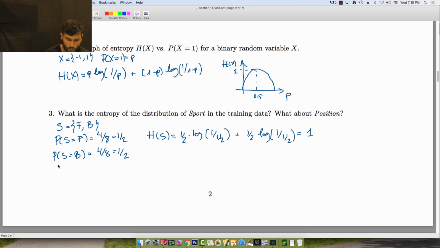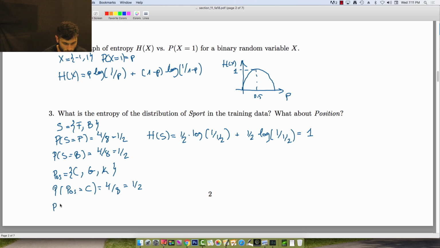Now we'll compute the entropy of position, and we'll denote the random variable as pos, and this can take the values either center, we'll denote as C, guard, or kicker, so we'll denote as K. And then the probability of position being equal to center, we have out of 8 examples, 4 of them are center, so the probability is 4 over 8, which is the same as 1 over 2.